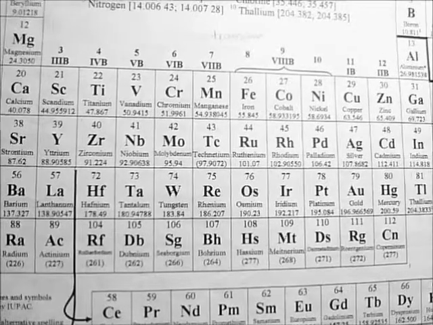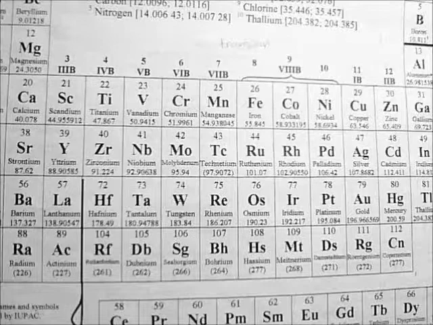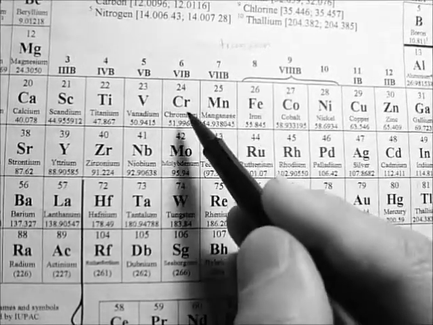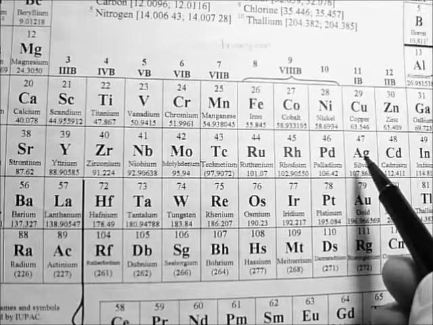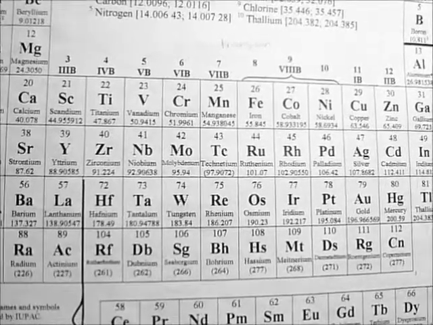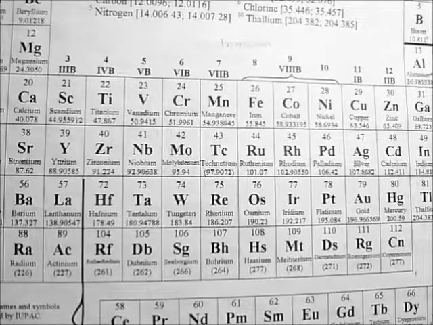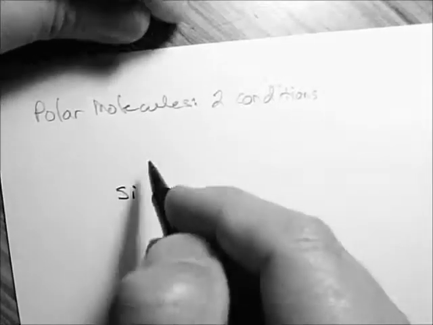Because most of the transition metals are going to have 1 or 2 valence electrons to start. Remember we got these exceptions with chromium, molybdenum, copper, and gold? Those pull one out of the s orbital, so those are going to have 1 valence electron to start. And I say to start because some funky things happen sometimes. Alright, so silicon has 4 electrons.